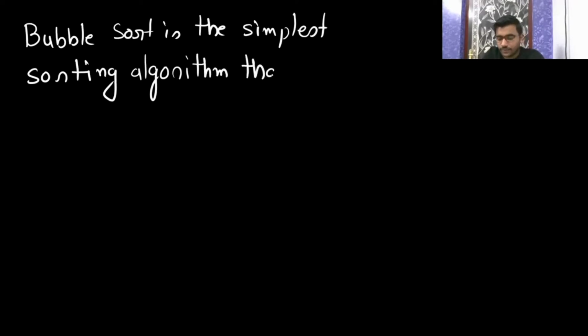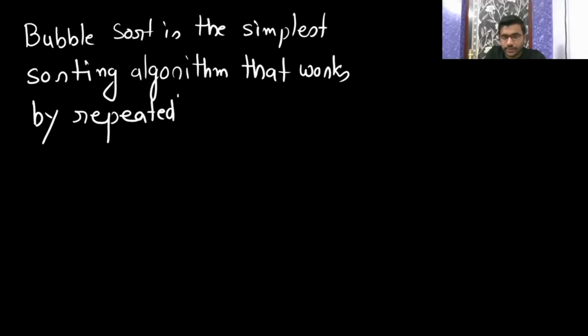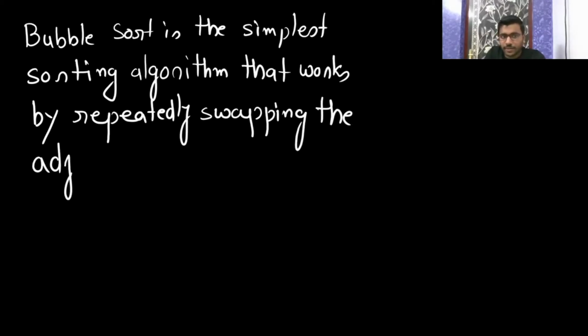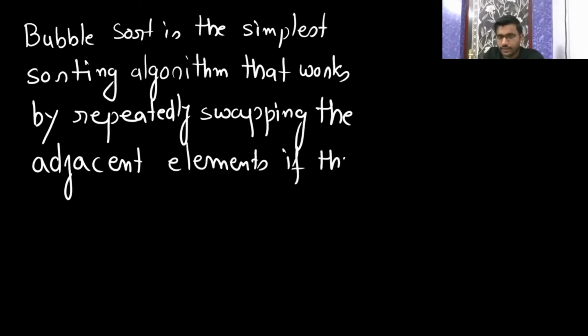Bubble sort is the simplest sorting algorithm that works by repeatedly swapping the adjacent elements if they are in the wrong order.